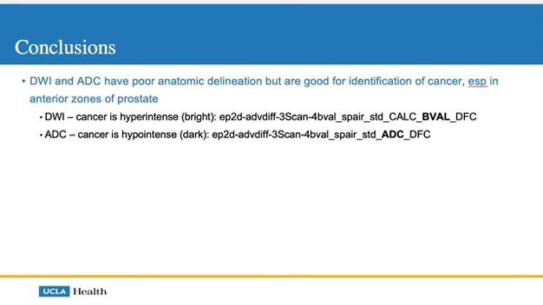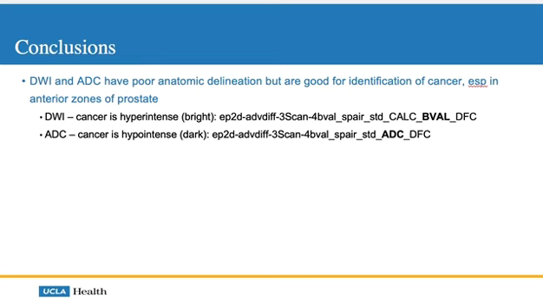The DWI and ADC sequences have poor anatomic delineation, but they are very, very good for identification of cancer, particularly in the anterior zones of the prostate, where BPH nodules, anterior fibromuscular stroma and the urethra can make the prostate look heterogeneous. Those are the sequences that are critical for looking at those areas of the prostate.